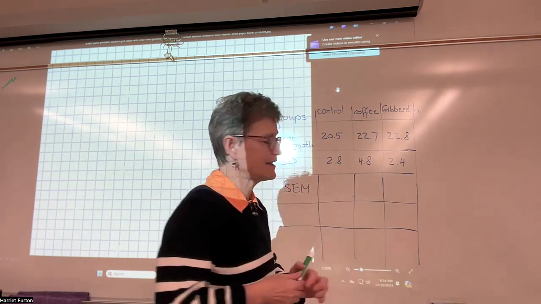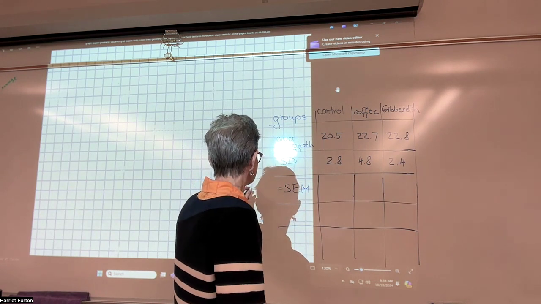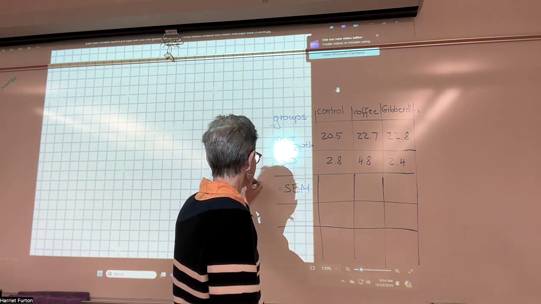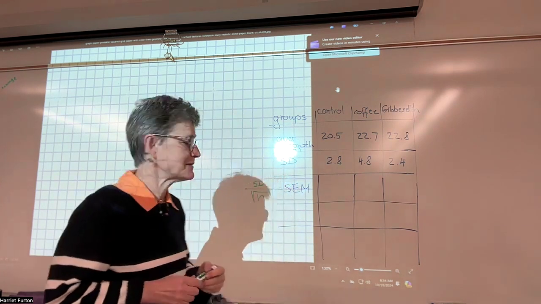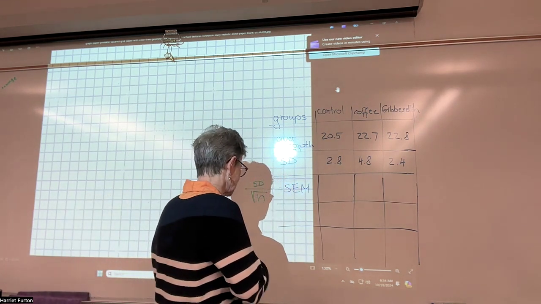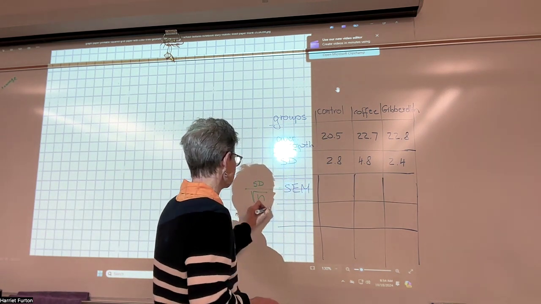The formula for the standard error of the mean is the standard deviation divided by the square root of the sample size. For our case, n equals 10.